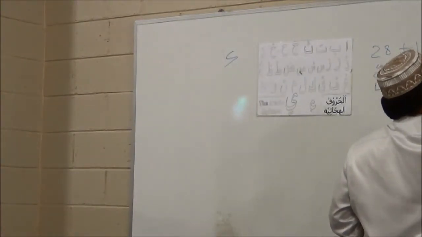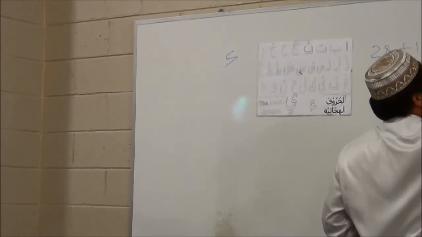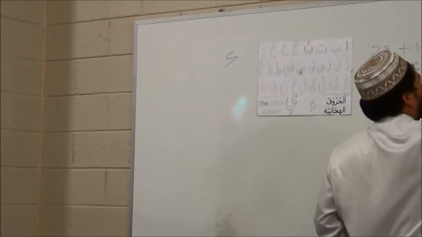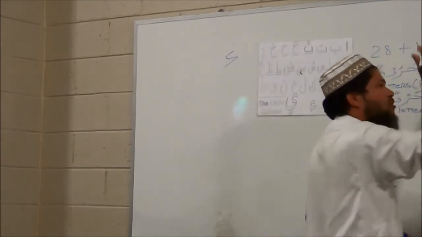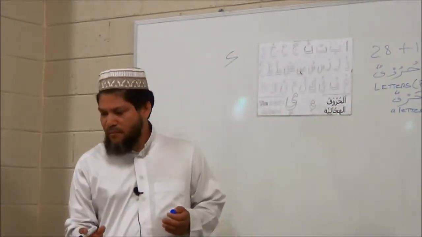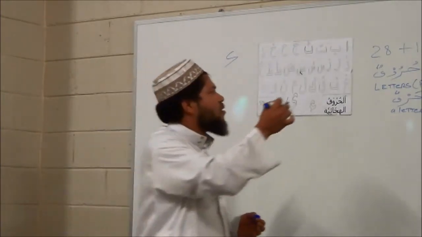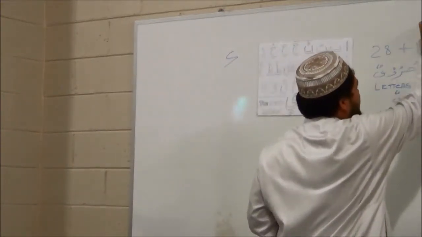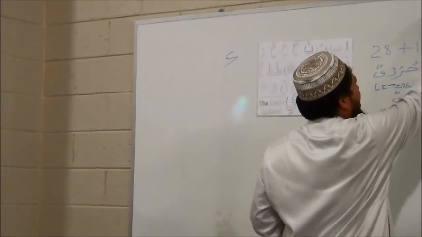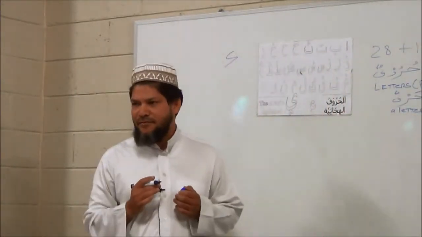It sits on top of the line, and you just put a hamza on top of it. You can practice, go over the alif, just like a number 1. Easy. You draw the 1, and you put a hamza on top of it. That is alif.